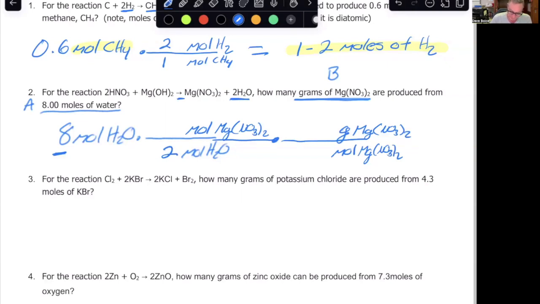If there's no number there, it's 1, obviously. 1 mole of the magnesium nitrate or B. And for 1 mole of B, I'm going to add together 1 magnesium, 2 nitrogens, and 3 times 2, 6 oxygens. If I add all of that together, I get my molar mass. That's 148.3 grams.